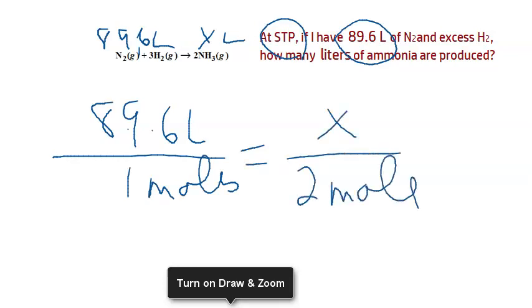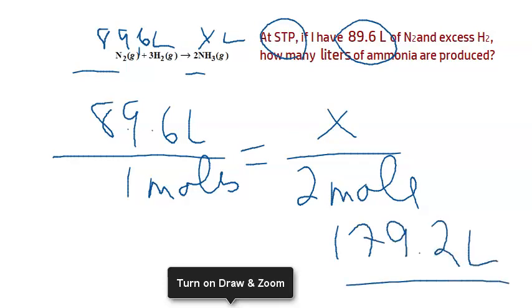The mole ratio in the balanced equation, as long as I am at STP, works here. And all I'm going to do is double the volume and end up with an answer of 179.2 liters for ammonia. Very simple are volume problems as long as we're at STP.